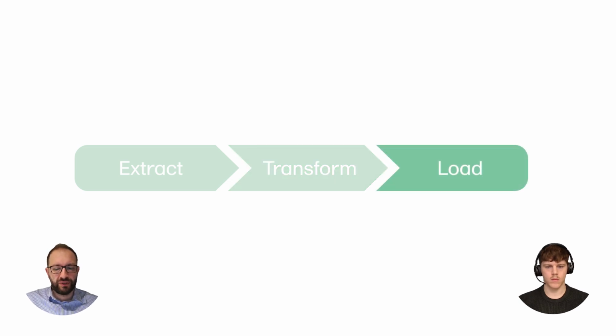And finally, the load step is in which we push or load or send the data to the receiving system, and by that we have completed the cycle of extract, transform, load, where we have extracted the data from one system, transformed it to match a destination system, and then loaded it to push it to a destination system.